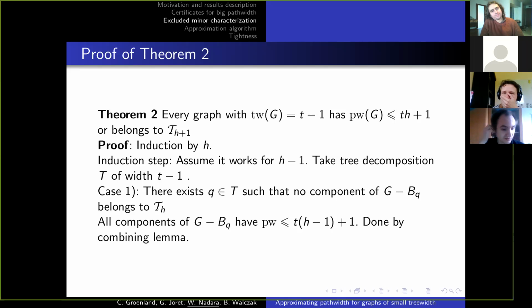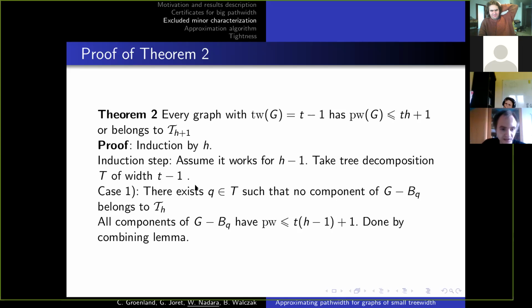We are using the combining lemma, where the backbone in the combining lemma is a single bag. It's easily seen that it's a valid path decomposition, and it's sufficiently small as well.